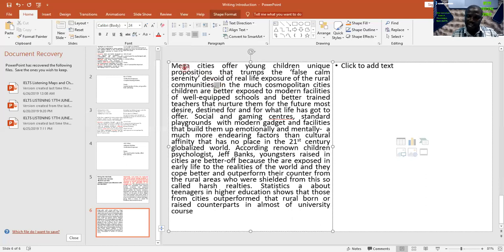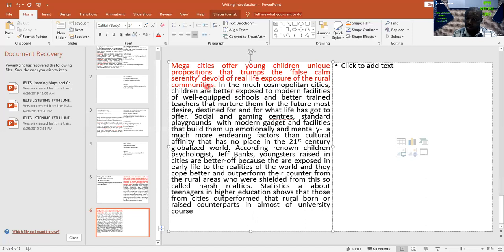But the first thing I did was to give the idea that megacities offer some unique propositions that were not present in the much more cosmopolitan cities. Children, I think my punctuation was horrible here.